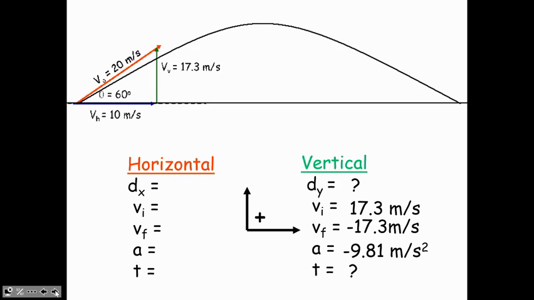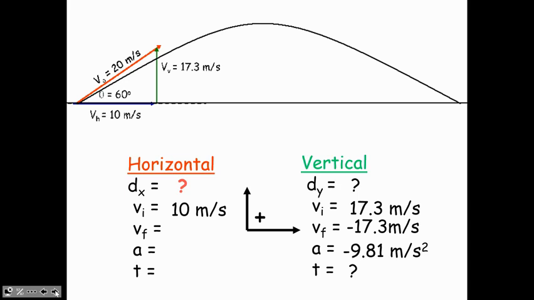For the horizontal direction, the question is asking us to solve for the horizontal displacement. We're not actually going to do that here. We're just practicing setting up the tables. For the initial horizontal velocity, this is equal to the horizontal component that we just solved for, 10 meters per second.